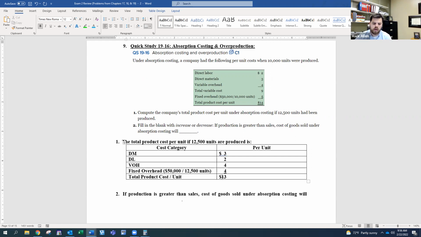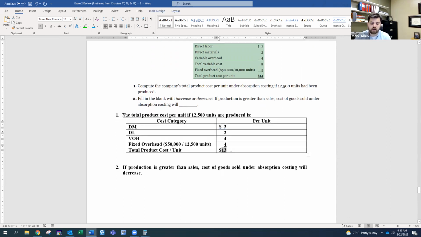Okay. Now that's the first part. Second part, if production is greater than sales, cost of goods sold under absorption will decrease, and that's what we're looking for here. So if production is greater than sales, in other words, if we produce 12,500 units, but we only sell 10,000, well, now my total product cost per unit is only $13.